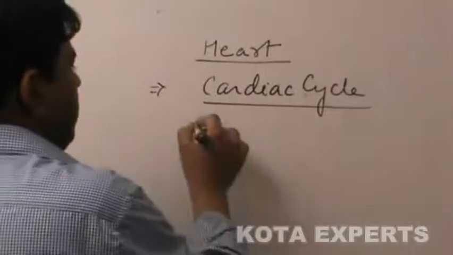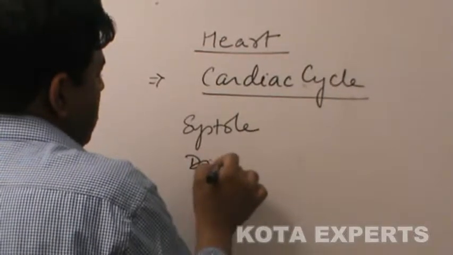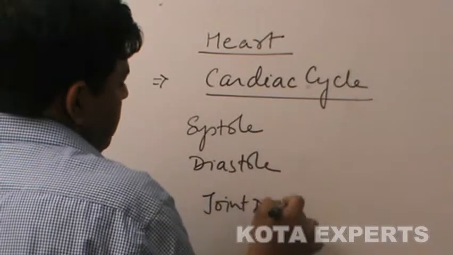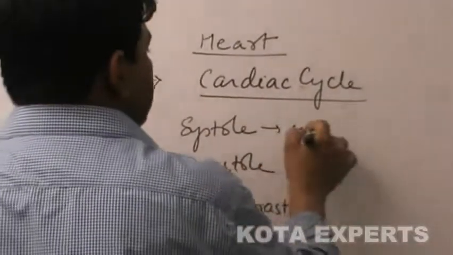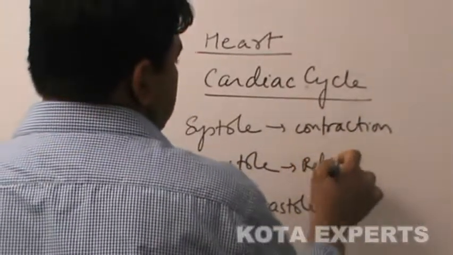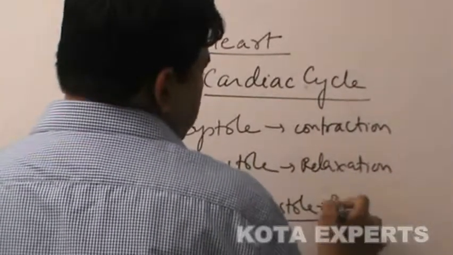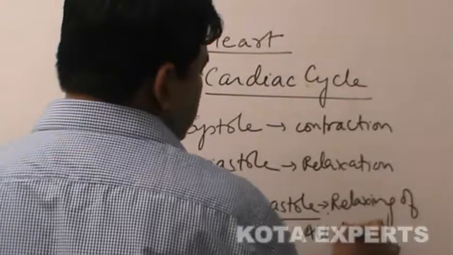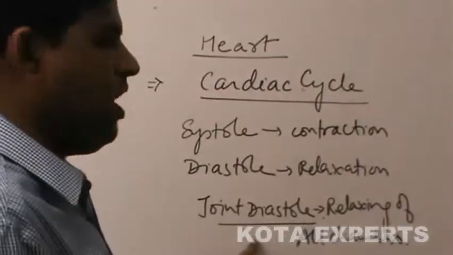This cardiac cycle comprises systole, diastole and joint diastole. Systole means contraction, diastole means relaxation, and joint diastole means relaxing of all chambers.